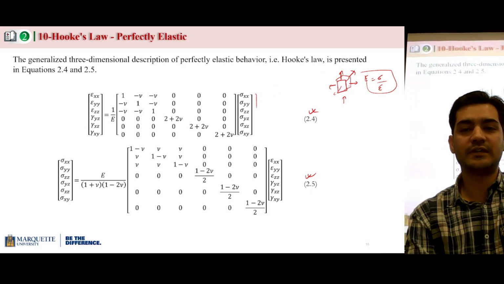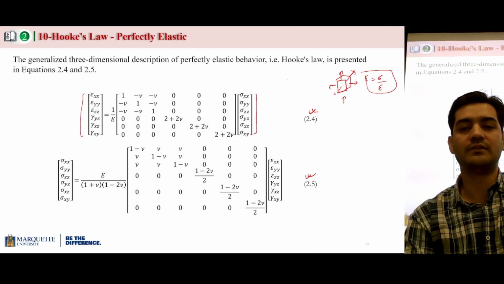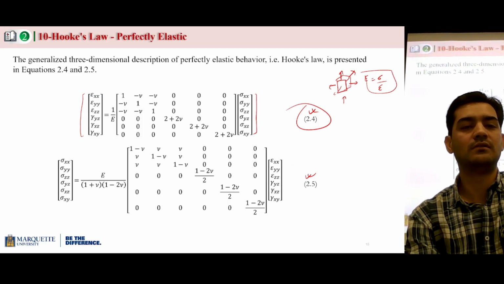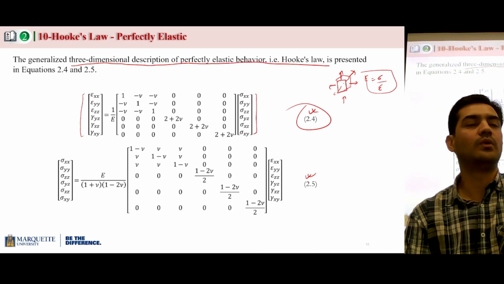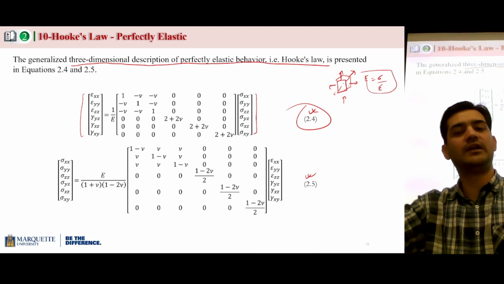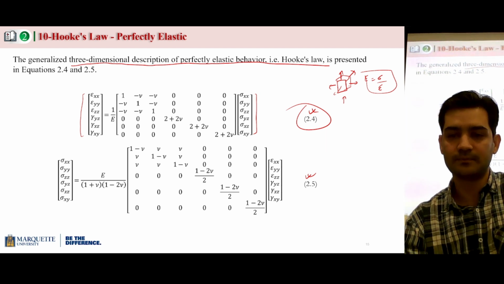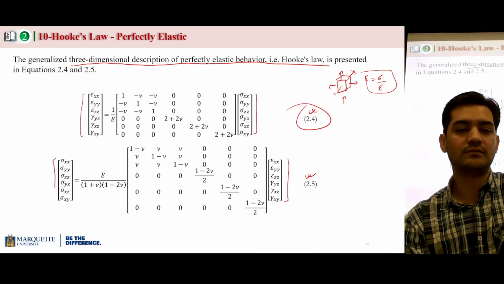So if you have stresses in different directions, you can calculate strains by using equation 2.4. So it's a three-dimensional description of Hooke's law. We will do one example after this and use this equation, so it will get clear how we can use it. And if we know the strains, we can calculate stresses.